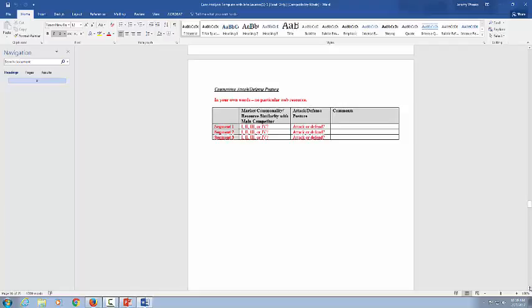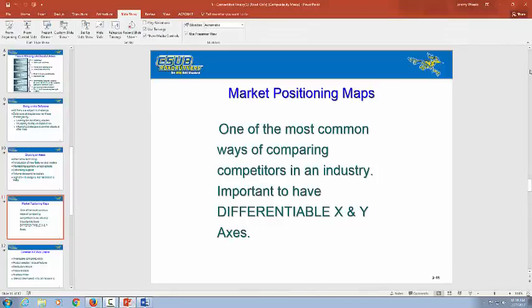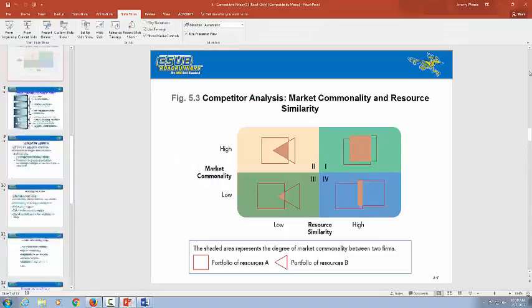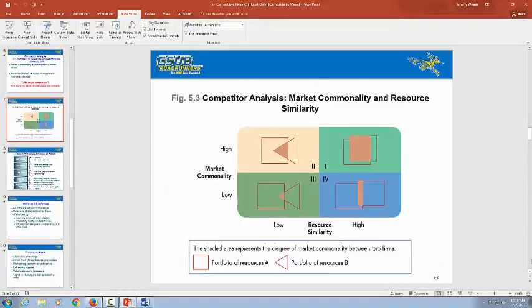You're going to think about each segment of those three segments and decide whether your company is in quadrant 1 here, where there's a lot of overlap between resources and markets, or in quadrant 2, where there's a lot of overlap in markets but not very much in resources.